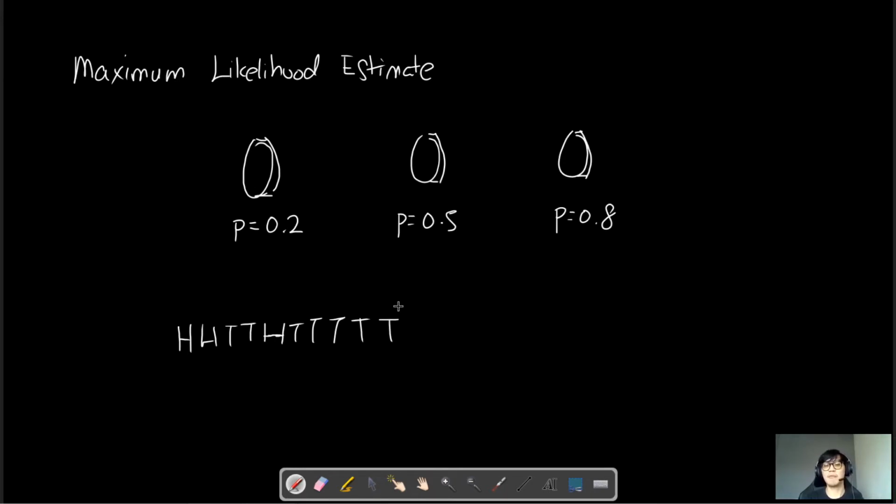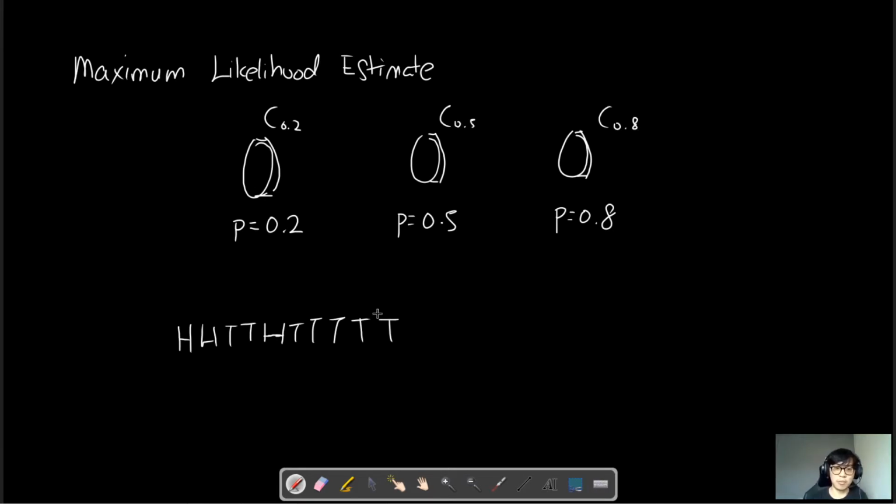But can we actually write this down mathematically, and justify this in a mathematical sense? Okay, so we're going to try to do this. I'm going to call this particular coin C0.2, this coin C0.5 and this coin C0.8.